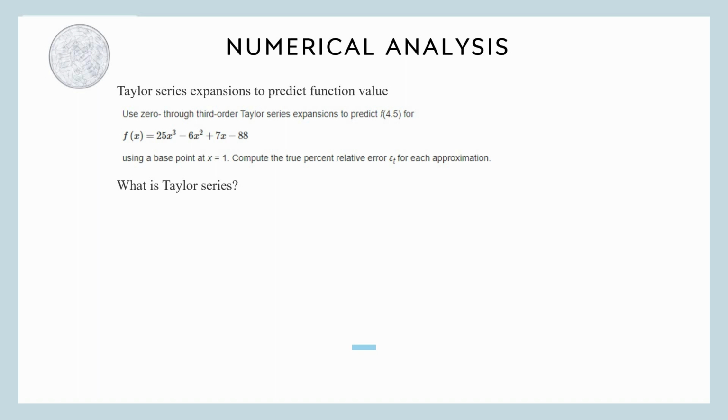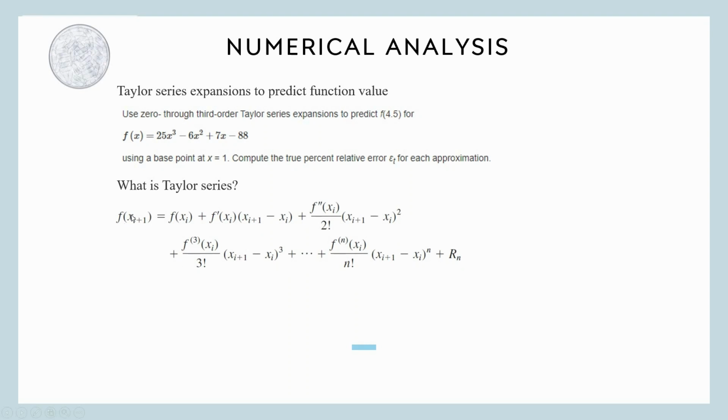As we know before, a Taylor series can be written like this. Here, x_{i+1} is the predicted value, x_i is the base point, and R_n is the remainder, which can be written like this.